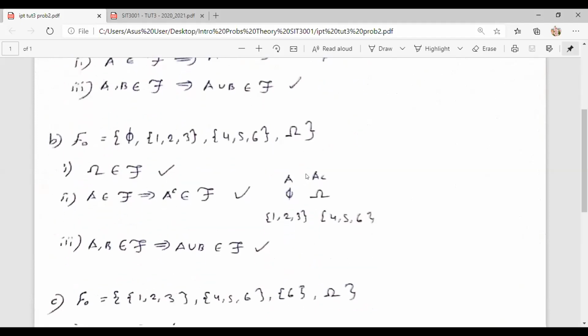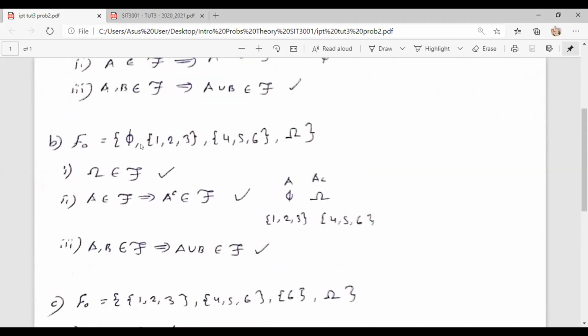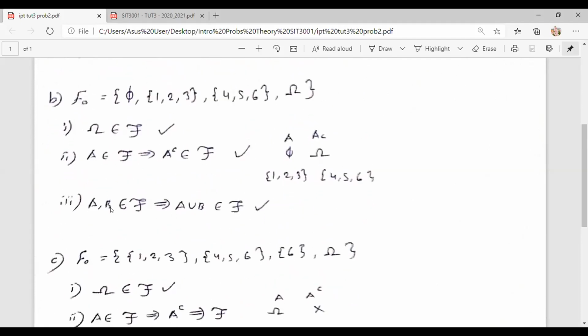For B, we have the empty set, {1, 2, 3, 4, 5}, {6}, and omega. First condition, omega is in F. A is in F, A complement is in F, it fulfills the condition. And for A, B in F, A union B in F also fulfills the condition. So it is a field.